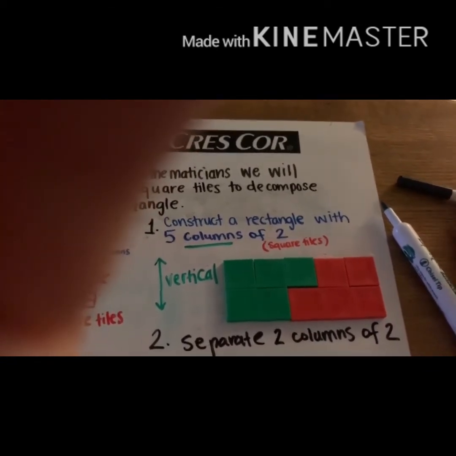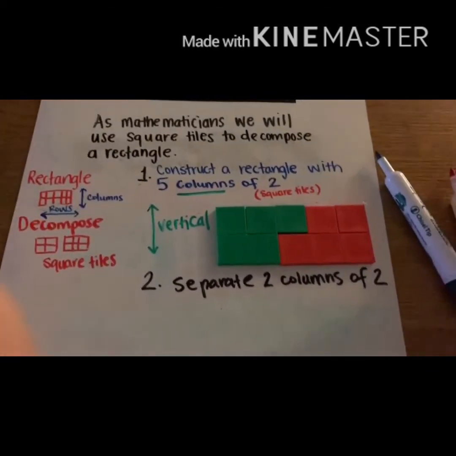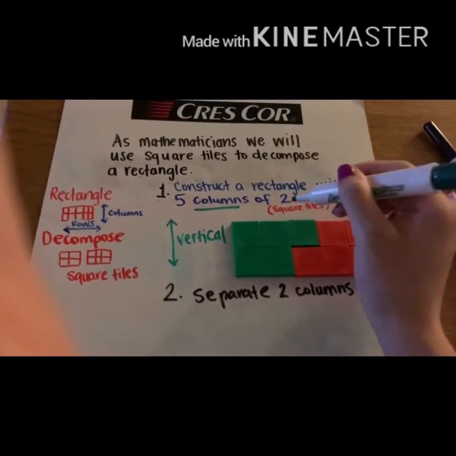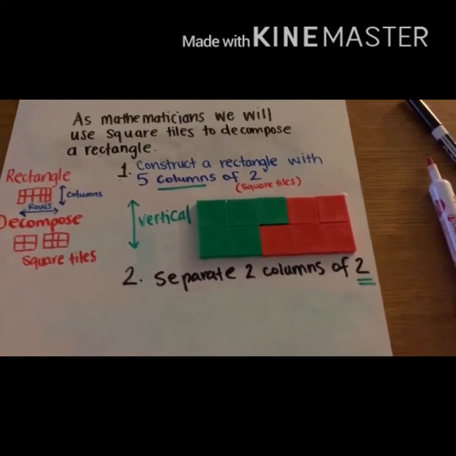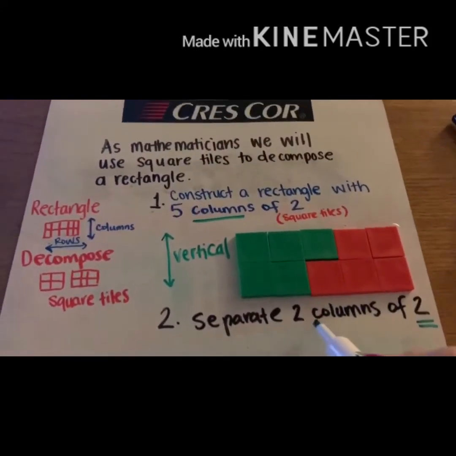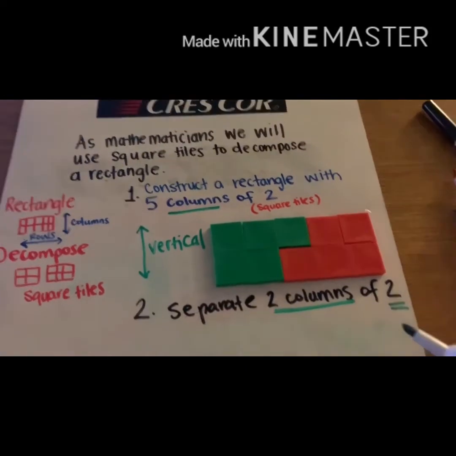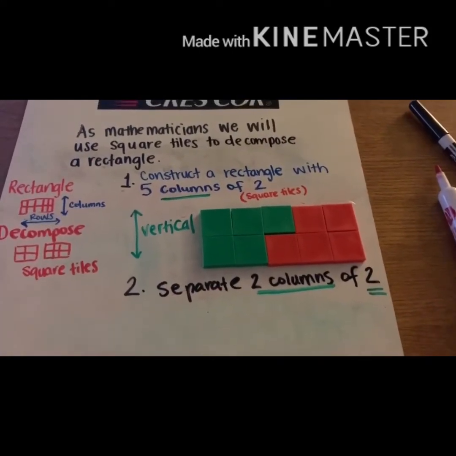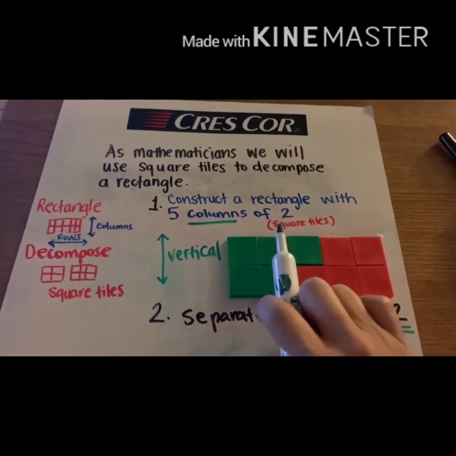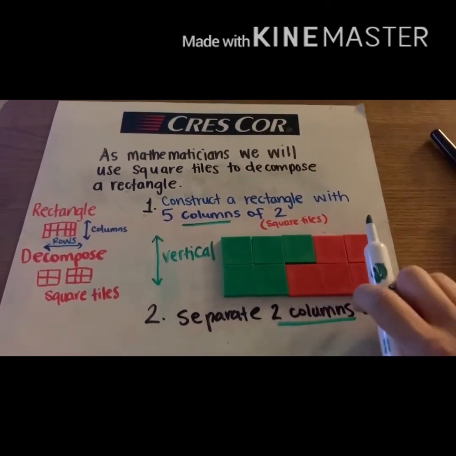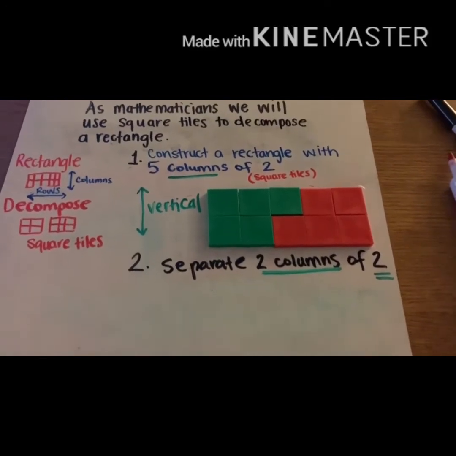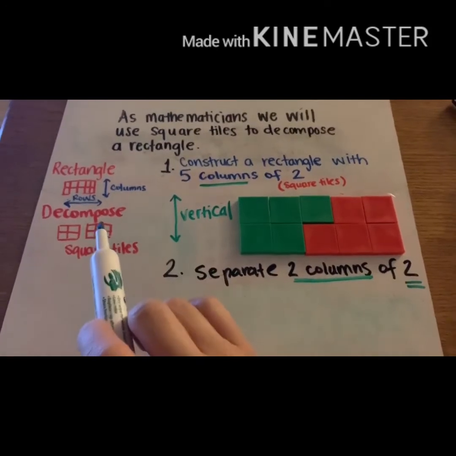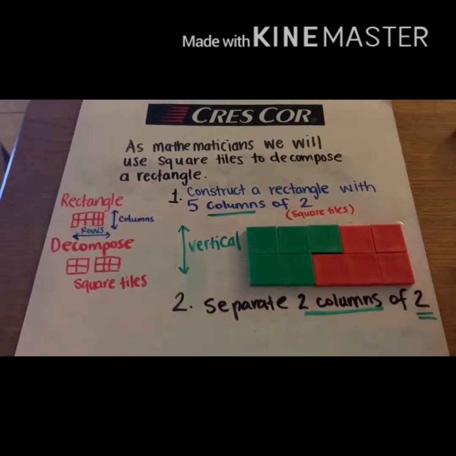Now this means that you're still going to keep 2 square tiles, the ones you see here, in your columns, but you're going to separate it into 2 big columns. So 2 big sections. Right now we see 5 of them. We need to separate it into 2 big columns. So we're decomposing, we're breaking apart.